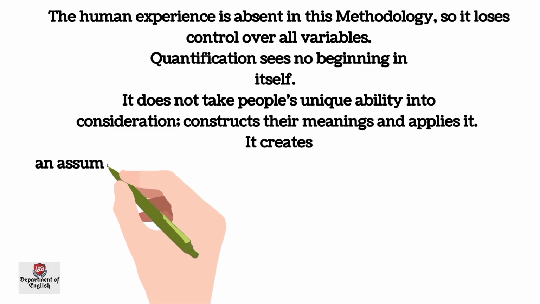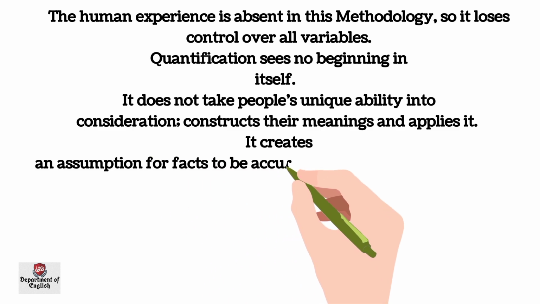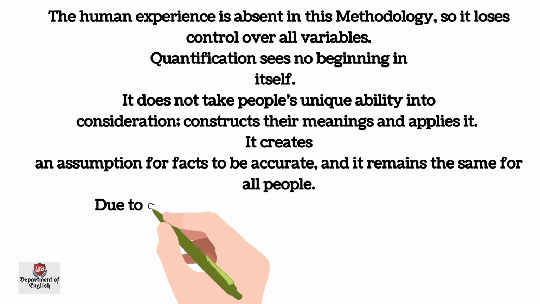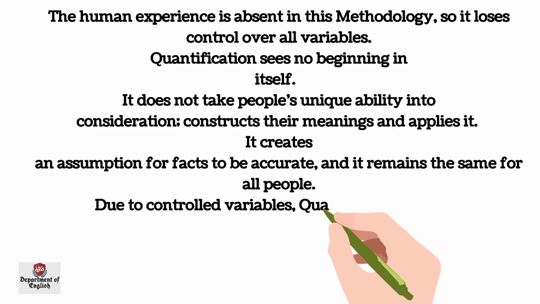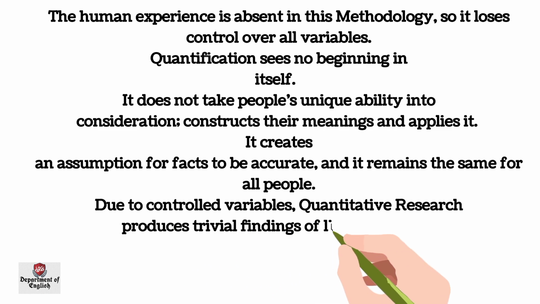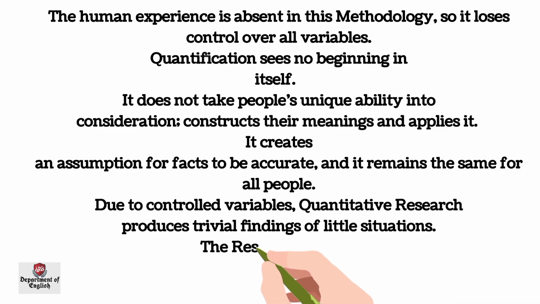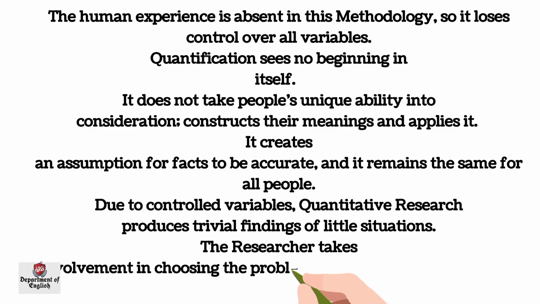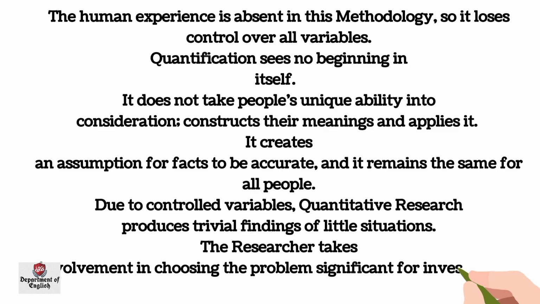It creates an assumption for facts to be accurate, and that they remain the same for all people. Due to controlled variables, quantitative research produces trivial findings of little situations. The researcher subjectively takes part in choosing the problems significant for investigation. So, it is not objective.